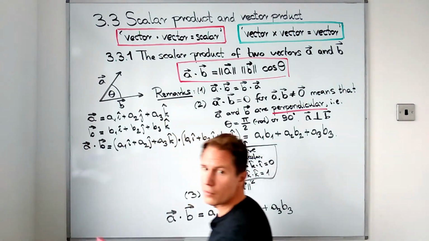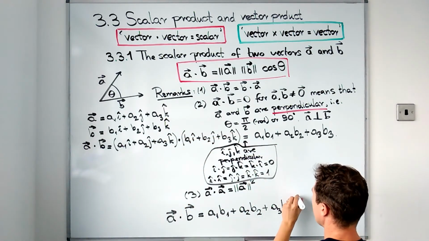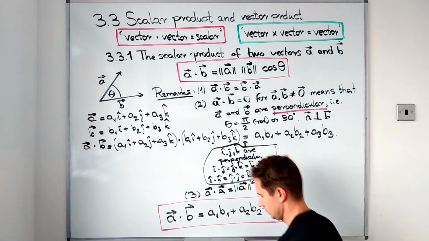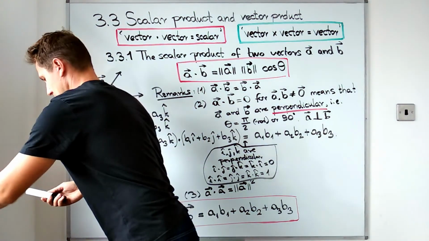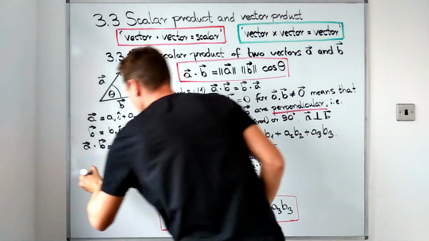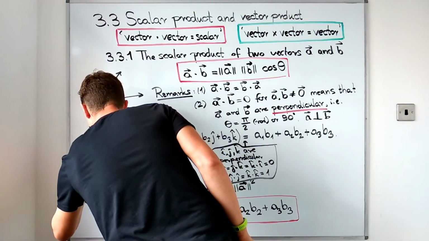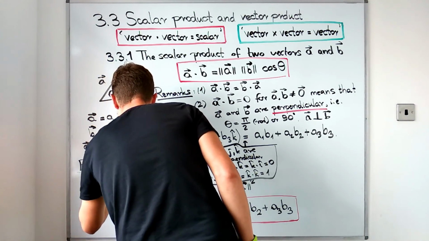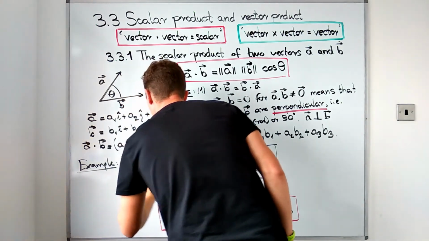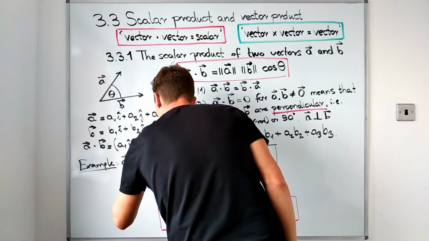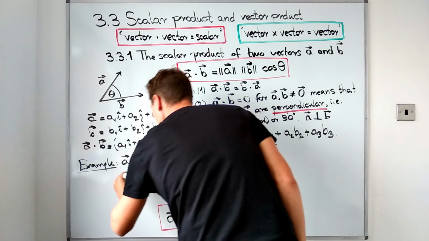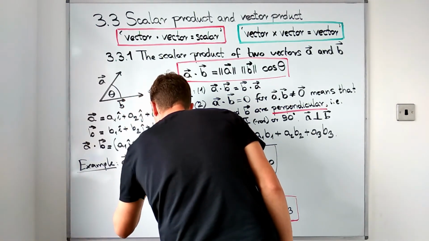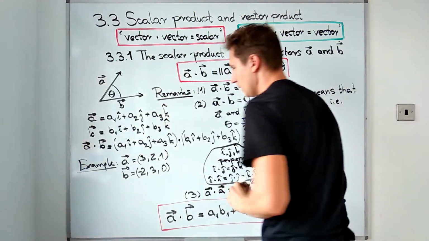Okay, so before we finish this video, I would like you to consider the following example. Let A be the vector with coordinates 3, 2, 1, and B be the vector with coordinates -2, 3, and 0.